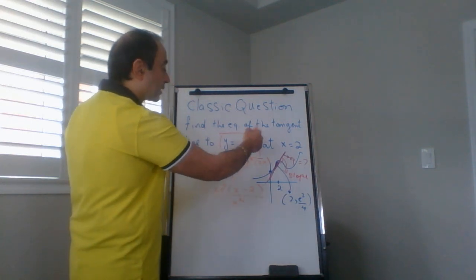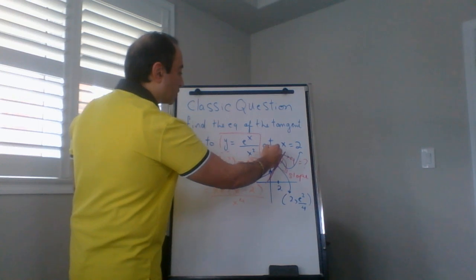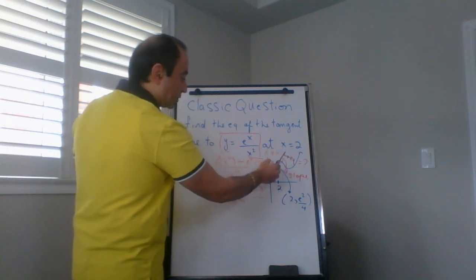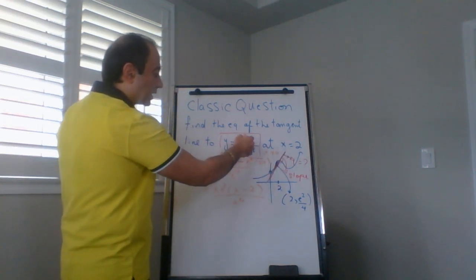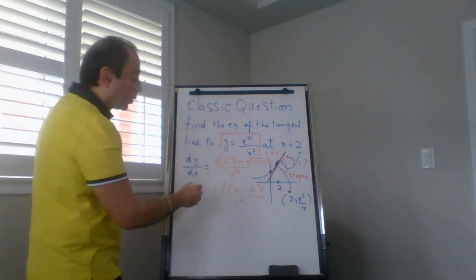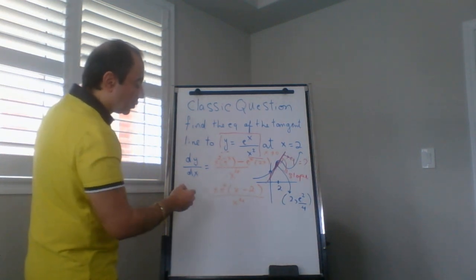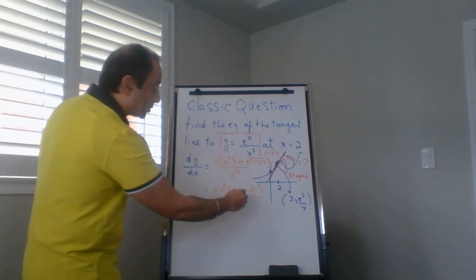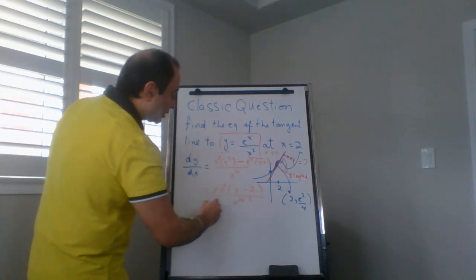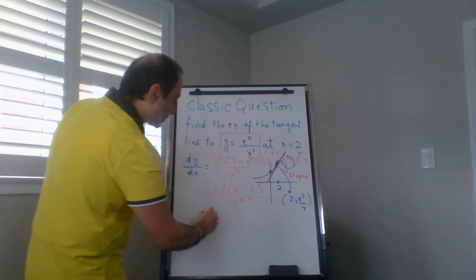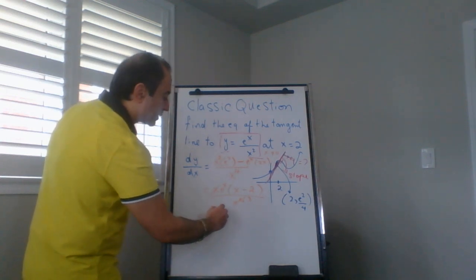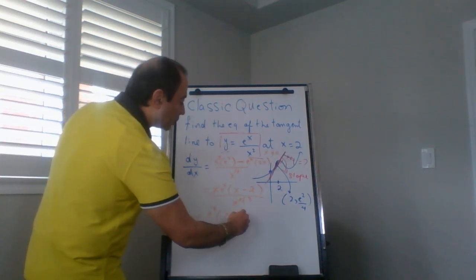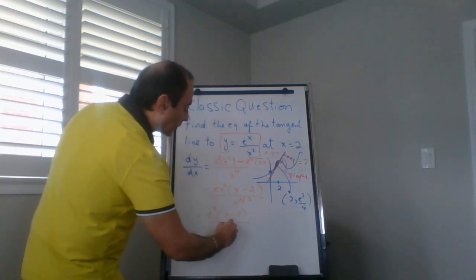Of course here x cannot equal 0 because it has a hole here, since I cannot divide by 0. Now we are going to simplify this. x and x to the power of 4 will leave 3 here, so the derivative in its simplest form is e to the power of x times x minus 2 over x to the power of 3.